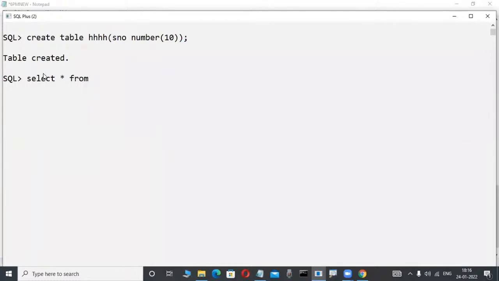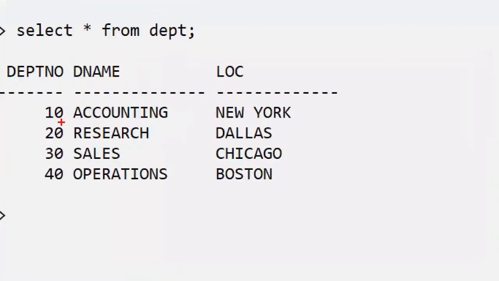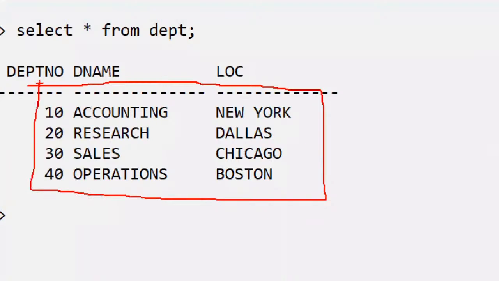That's why, whenever there is a logical structure, data is represented in a matrix format, rows and also columns. That's why this is a data model: how data is represented at a logical structure.